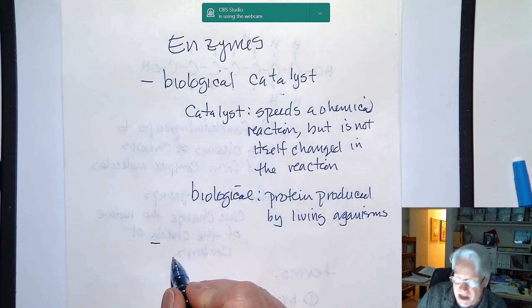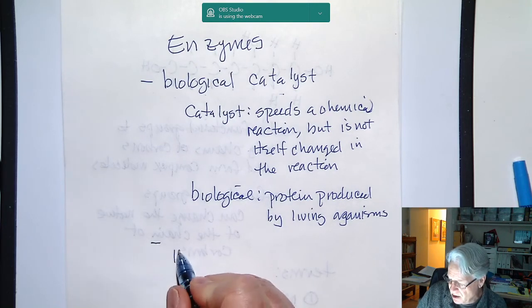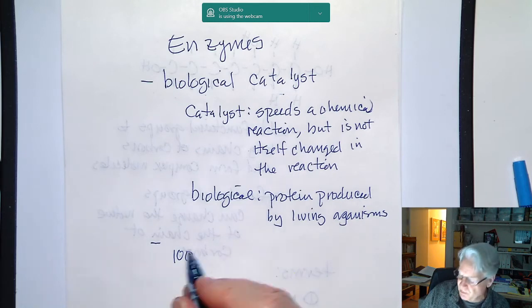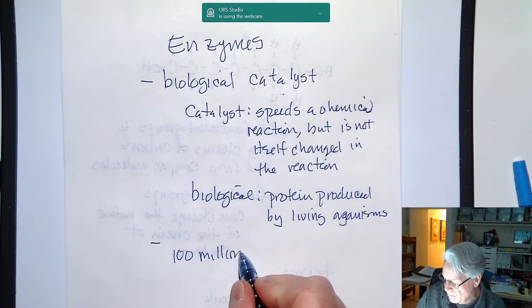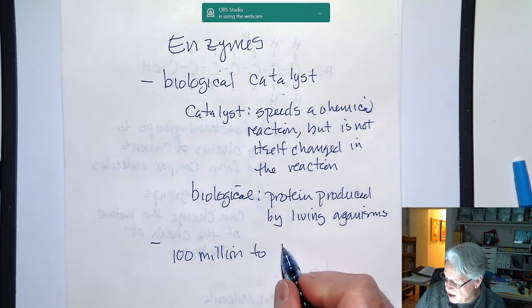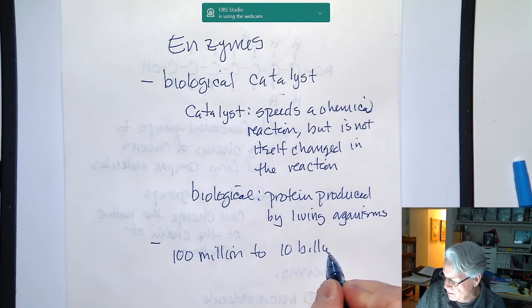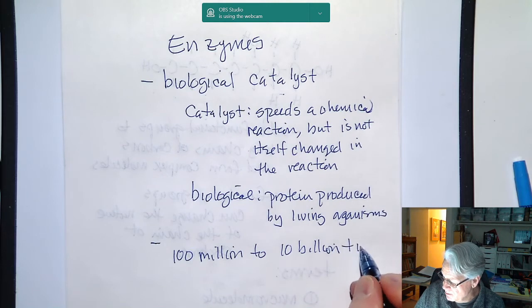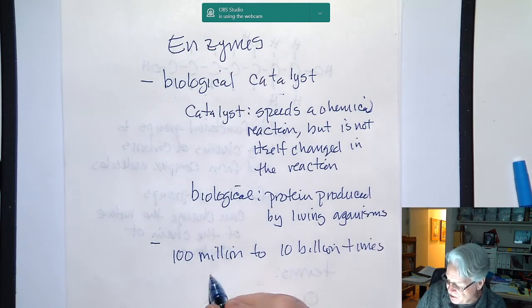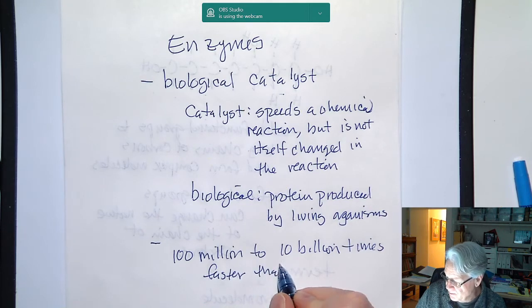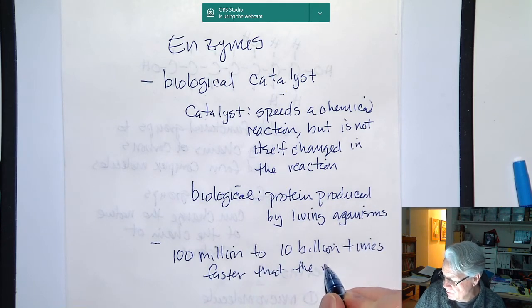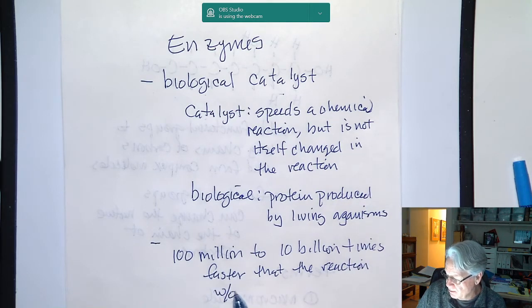The range of the speeding up of reaction rates is between 100 million to 10 billion times faster than the reaction without the enzyme.